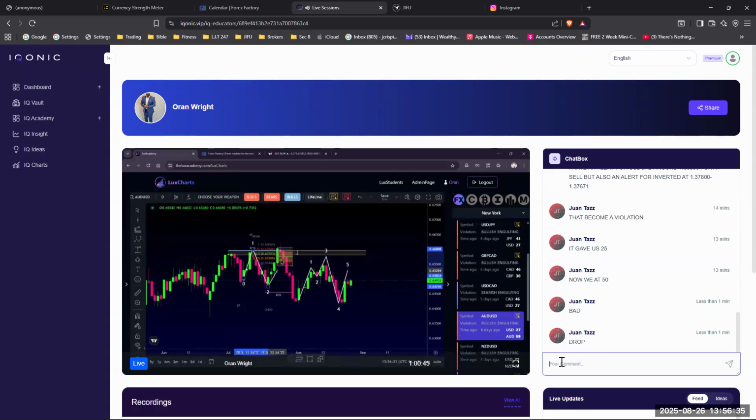High, low, higher high, change of direction. So now I know that we want to sell in this area. After we got the close below here.